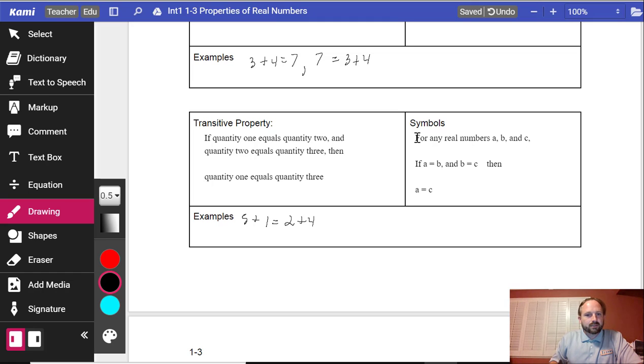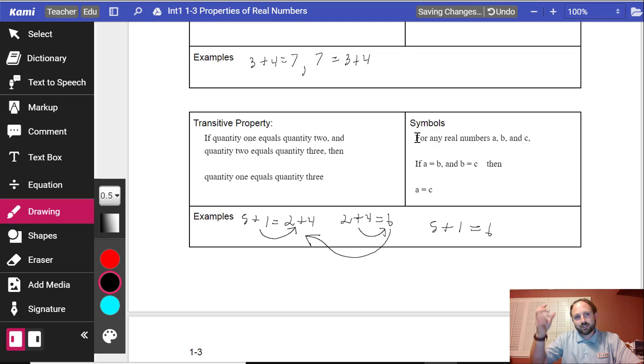And I know that 2 plus 4 is equal to 6. Without having to figure anything out, I know that 5 plus 1 is equal to 6. Without even adding 5 and 1, I know 5 plus 1 is equal to 6 because 5 plus 1 is equal to that, and 2 plus 4 is equal to that. Therefore, they're all equal to each other. The end. All right, let's go on.